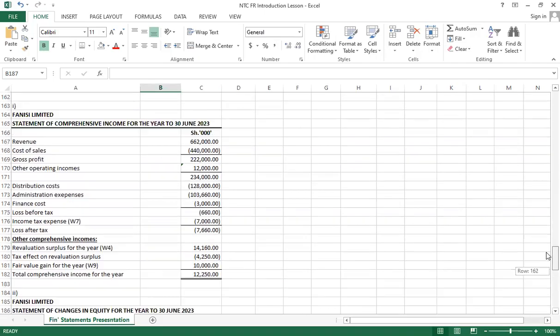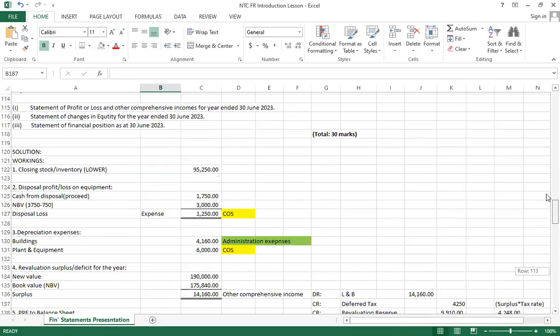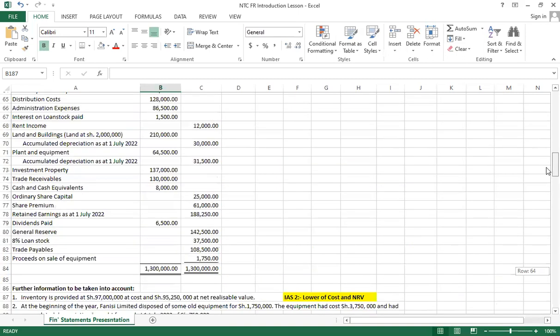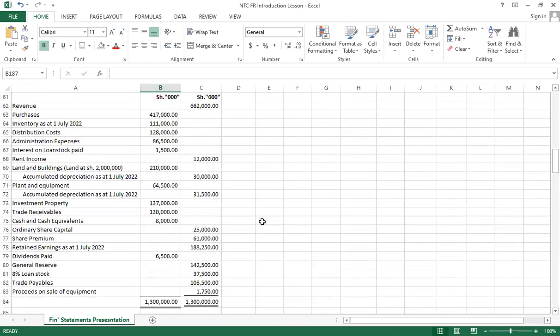If I go back to my trial balance, let me just see which ones I do have. Of course, I can see that we have the ordinary share capital. I can also see that we have the share premium, retained earnings, and then general reserve. I do not think in the trial balance we have more than that. So in the trial balance we have the 4.